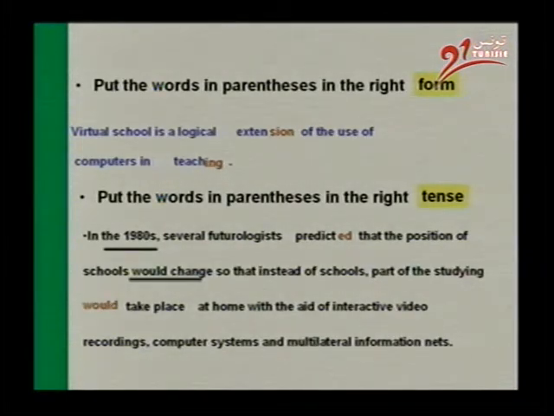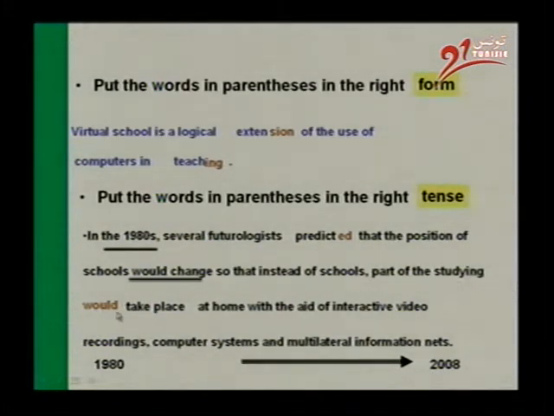For example, if I say 1980 and I speak about the future, it's something that's going to take place in this period, but it can be limited to a period of time before 2008, because what the futurologists predicted happened before 2008.